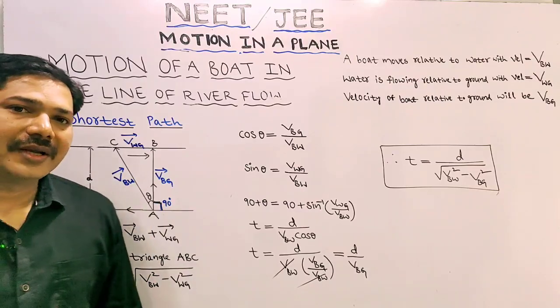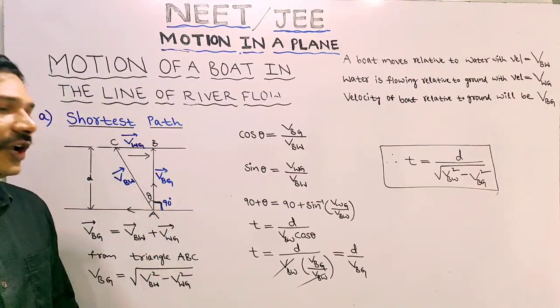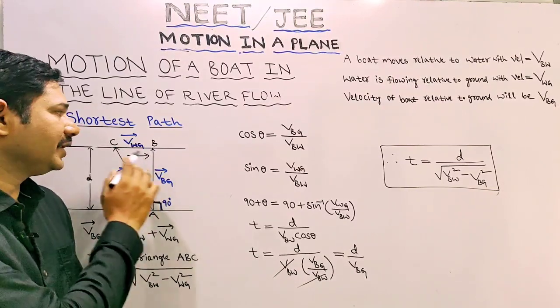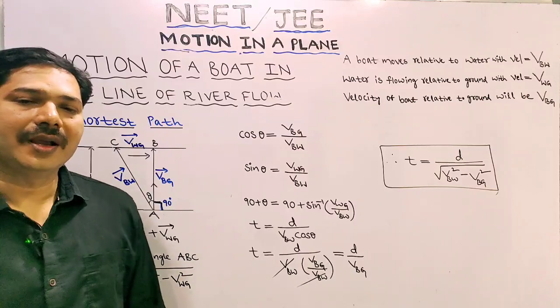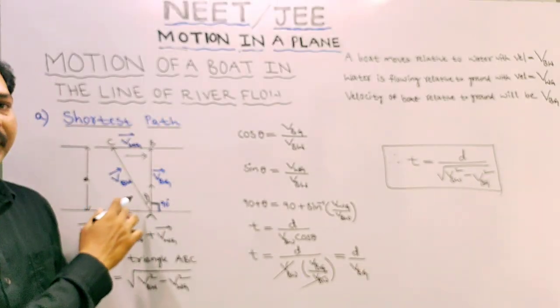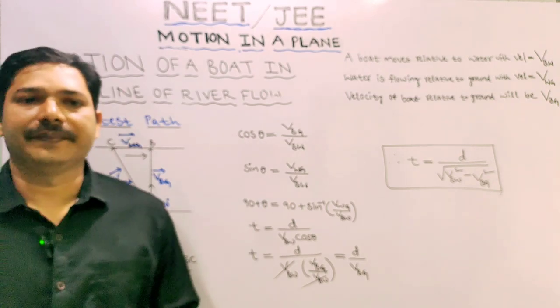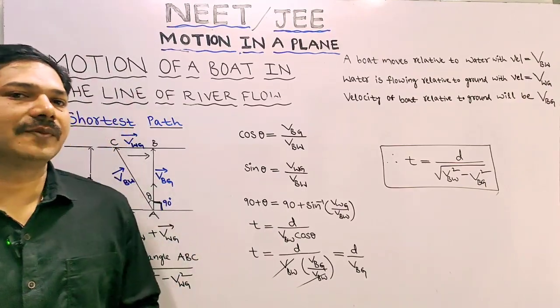And like that only the sine function: sine theta equals what? Opposite side by hypotenuse. Opposite is V_WG and hypotenuse is V_BW. So here the angle with the ground, the boat is moving.